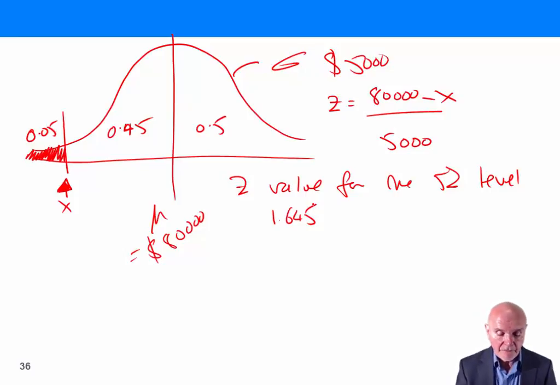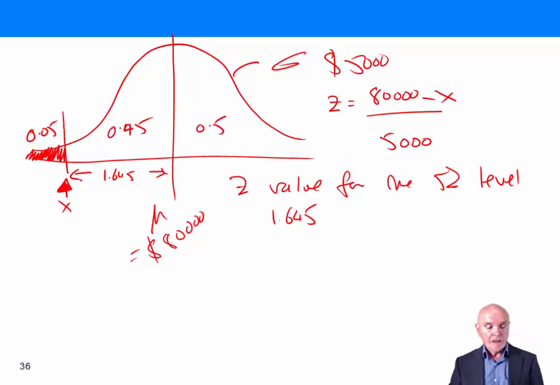If you have that number of standard deviations out here, you have to go to at least that before you're in the lowest 5% of the values. We know the standard deviation is 5,000.